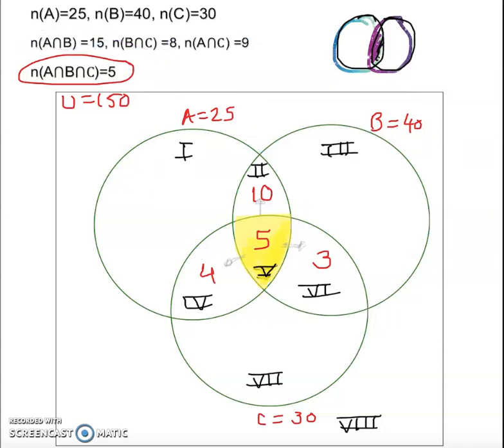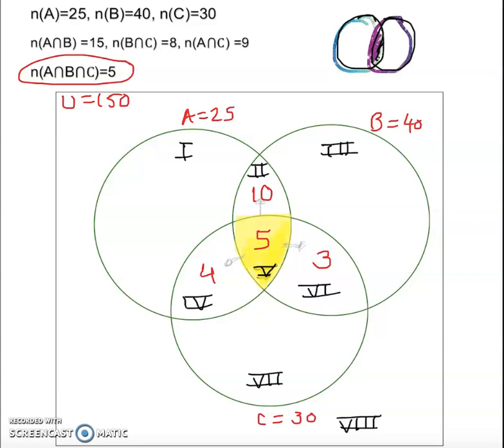Okay. All right, then we go down to the next one here. So look at this here. This is 25. So 25, I'm looking for only region 1. 25, take away all those. In other words, 10 plus 5 is 15 plus 4 is 19. 25 take away 19 is 6.